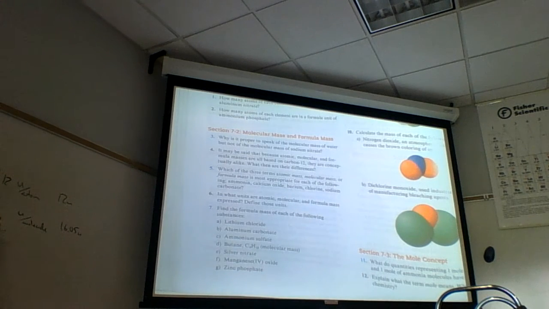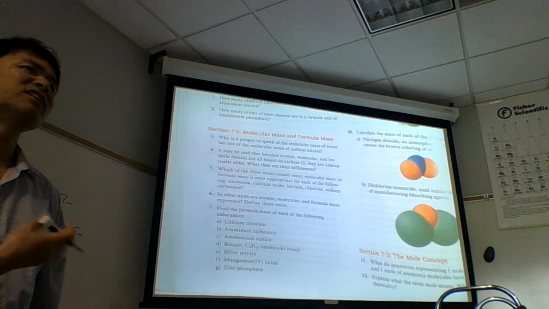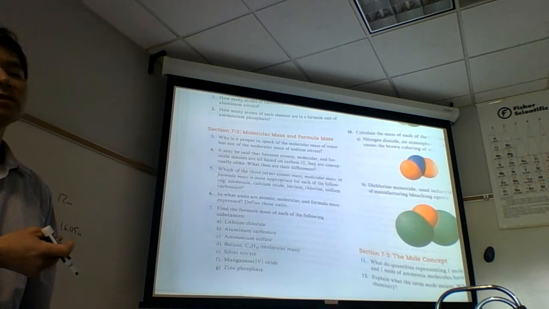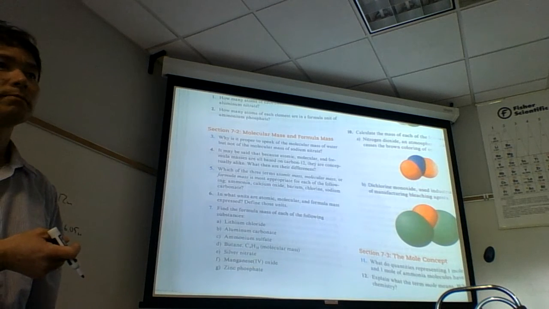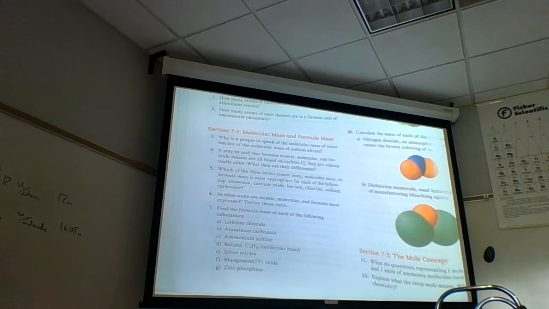And then what was the other one they're asking? The formula mass. Formula mass and molecular mass are the same thing, as I mentioned. Formula mass is the general term used for any formula. Molecular mass is used just for molecules. And some things don't form molecules. So we have to use formula mass for sodium chloride because sodium chloride doesn't form molecules. Sodium I don't have memorized, so I just looked that up on the periodic table.